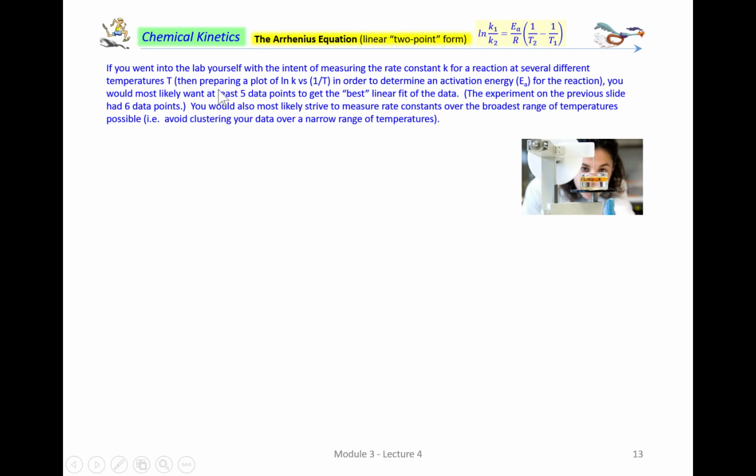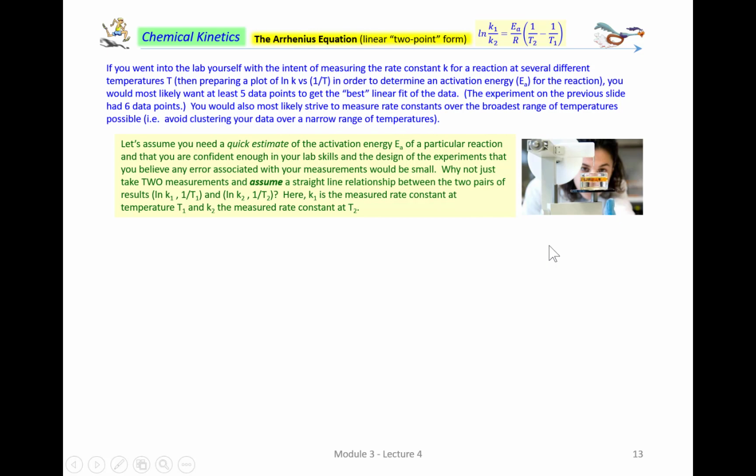If you went into the lab yourself with the intent of measuring the rate constant k for a reaction at several different temperatures, then making a plot of ln of k versus 1 over T in order to determine the activation energy, you would most likely want at least 5 data points to get the best linear fit. We just used 6 data points. You would also, of course, strive to measure the rate constants over the broadest range of temperatures possible to avoid clustering your data over a narrow range of temperature.